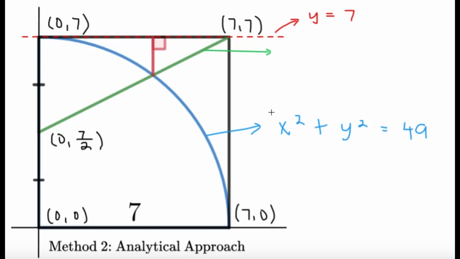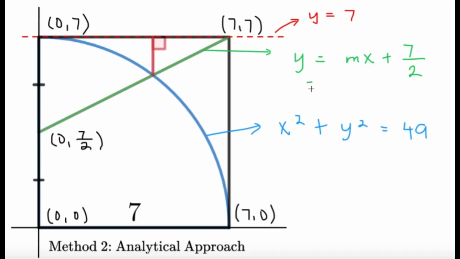And for the green line, we can use the formula y equals mx plus b, the slope-intercept form. The y-intercept is conveniently already given as 7/2, so all we have to do is get m. For m, we can simply use change in y divided by change in x.